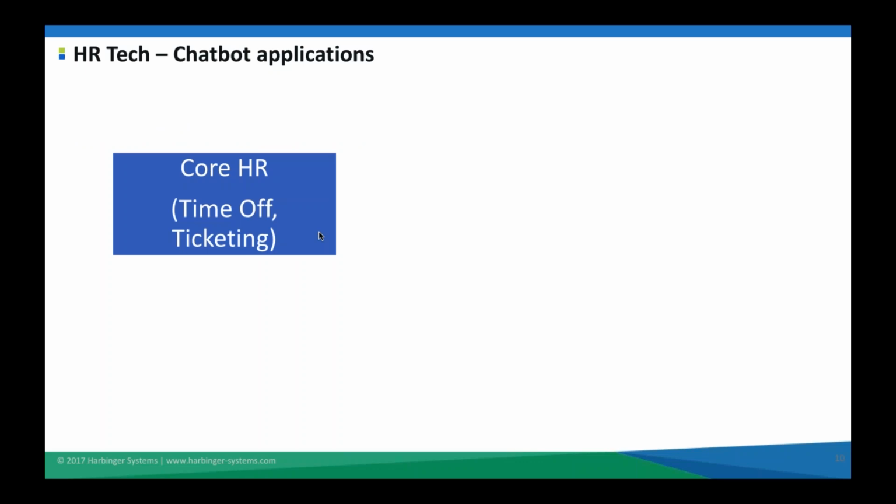So as far as the core HR, traditional HR modules are concerned, we feel things like time off is a good example where it's a very simple workflow, but it is embedded deep into HR applications. People take about 10 to 15 minutes to find out where the time off module is, how to do it, how to go about it. But through a conversational interface, it could be enabled almost like scheduling your alarm.